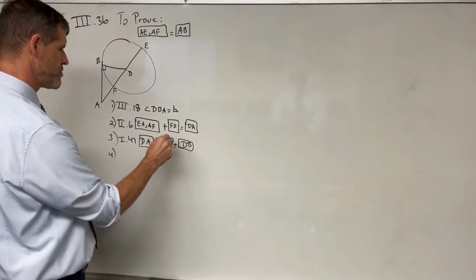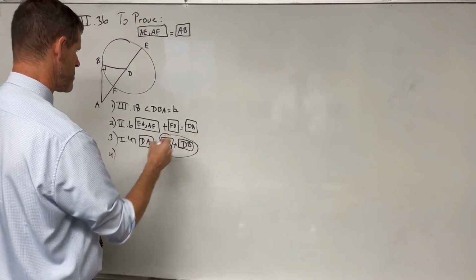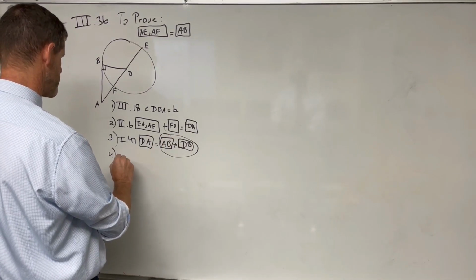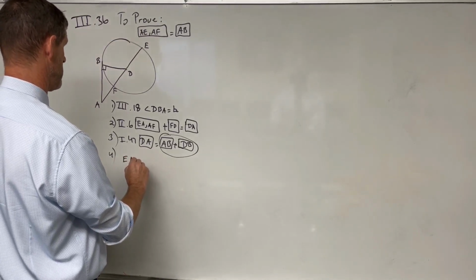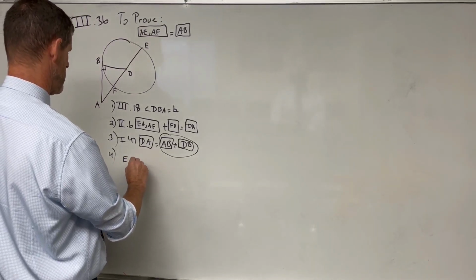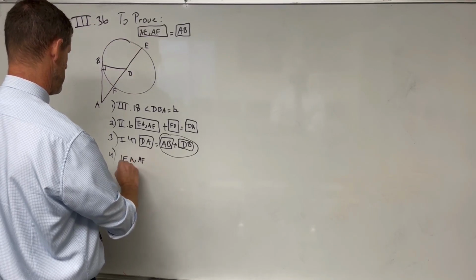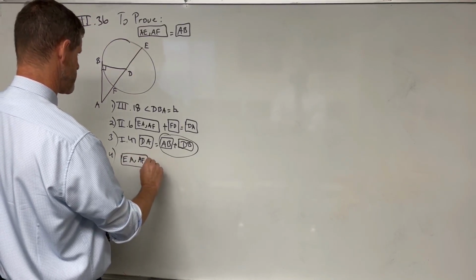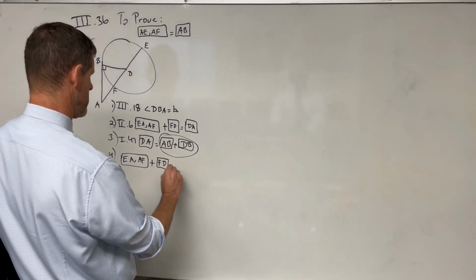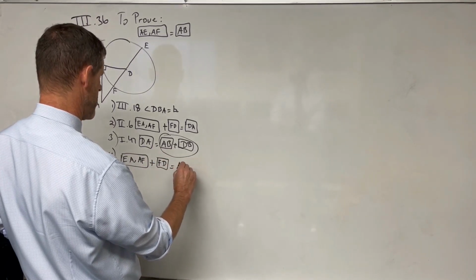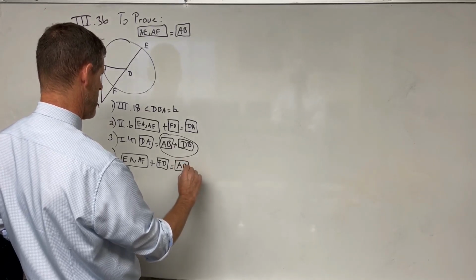Now we'll substitute this in for DA, which gives us the rectangle EA, AF, plus the square on FD, equaling the squares on AB and DB.